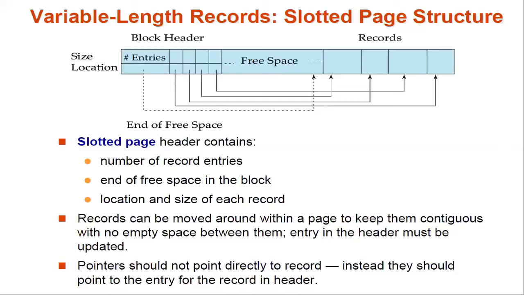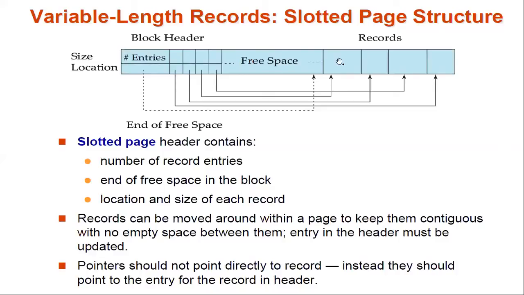Now, in the slotted page structure, how is it organizing your variable length records? The slotted page header contains the number of records, that is, the number of entries. Then the end of free space in the block, that is, how much free space is available in the block, and then the location and size of each record.